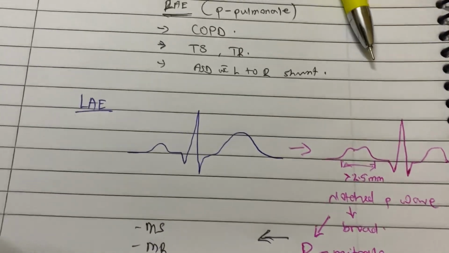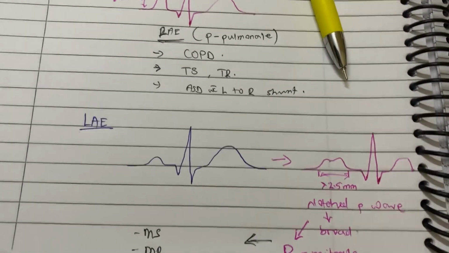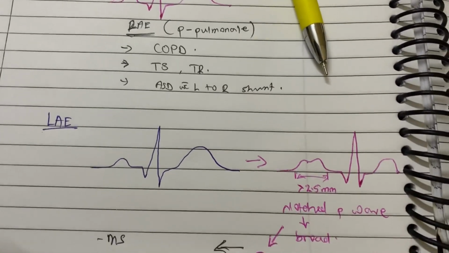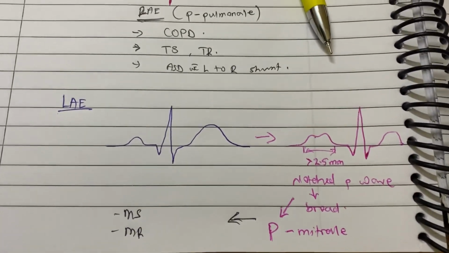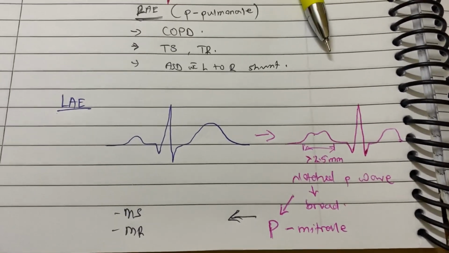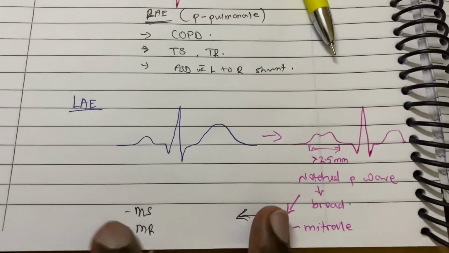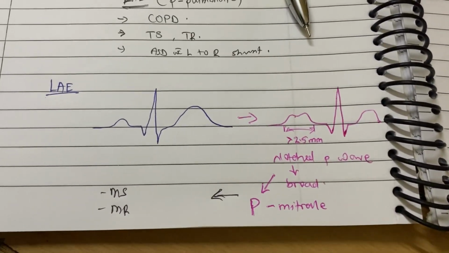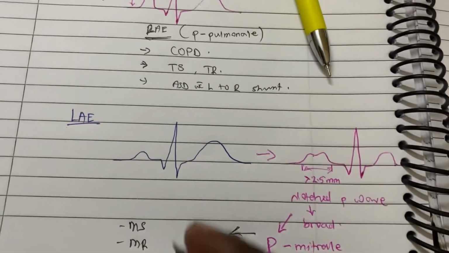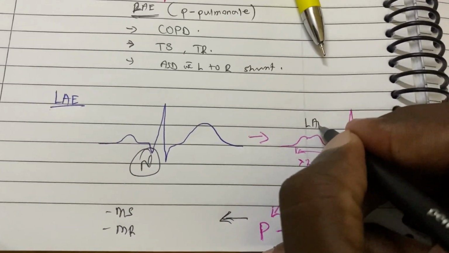But also not forgetting cardiomyopathies, dilated cardiomyopathy, they are going to cause it. And then maybe shunts, like PDA, but not much. These are the most common causes of left atrial enlargement. Again, this is normal, and this is left atrial enlargement.